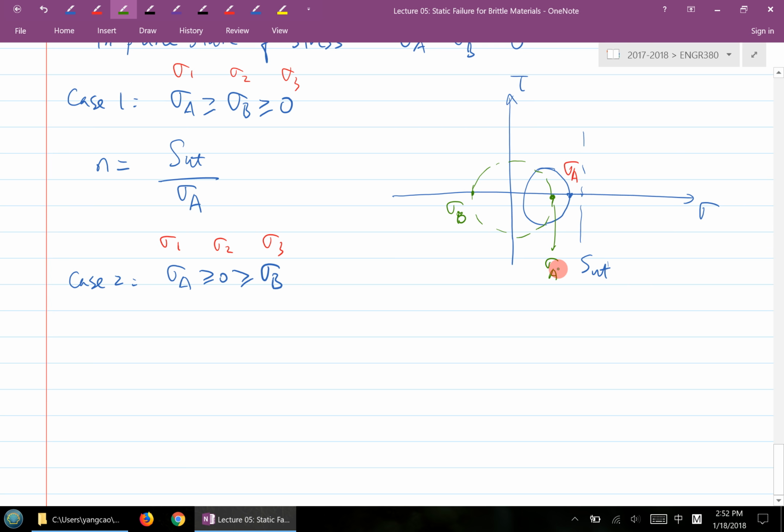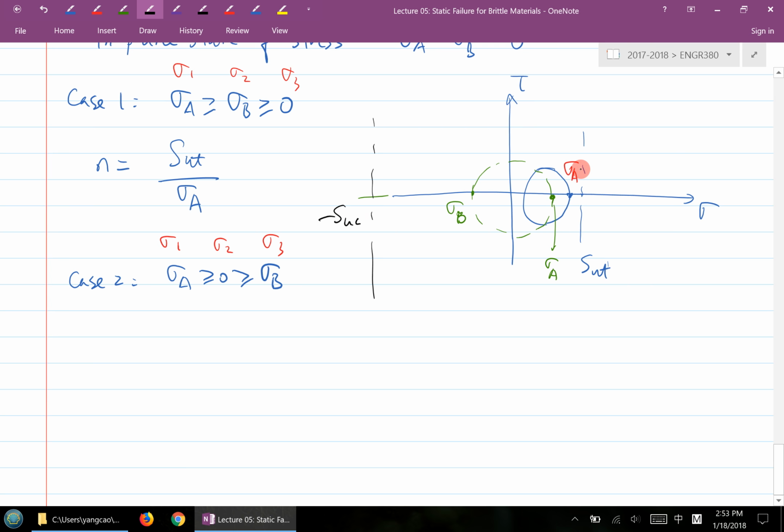Good. And where's my SUT? It's here. Let's say we have our SUC over here, so this is negative SUC. If you think about this circle, what could happen now?